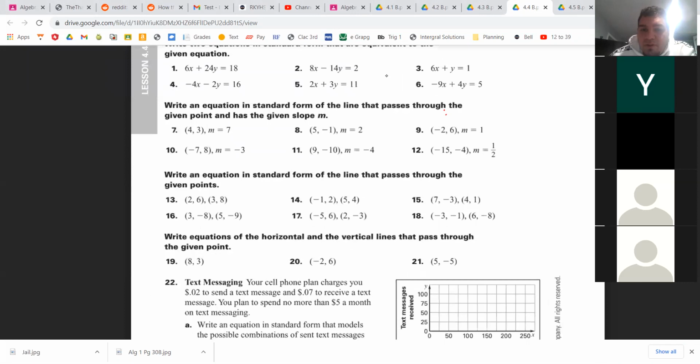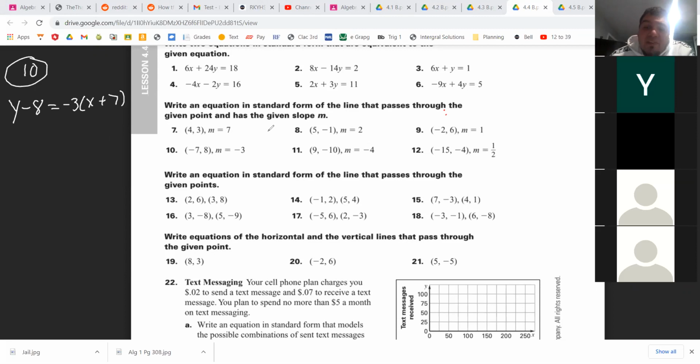So knowing point slope form is something you need to know for two sections. I'll do number 10. Here, I have to make it into point slope form. We already did a lot of it, so I'm going to go quickly here. Y minus 8 equals negative 3 times x plus 7, because double negative becomes a positive.